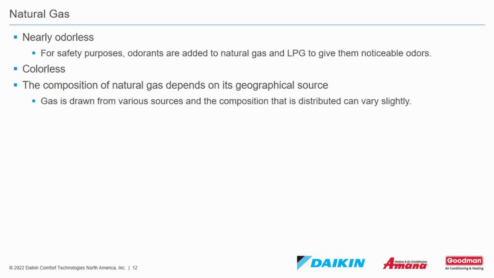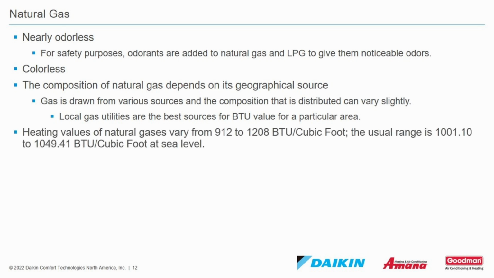Gas is drawn from various sources, and the composition that is distributed can vary slightly. Local gas utilities are the best source for BTU values for a particular area. Heating values of natural gas vary from 912 to 1,208 BTUs per cubic foot.